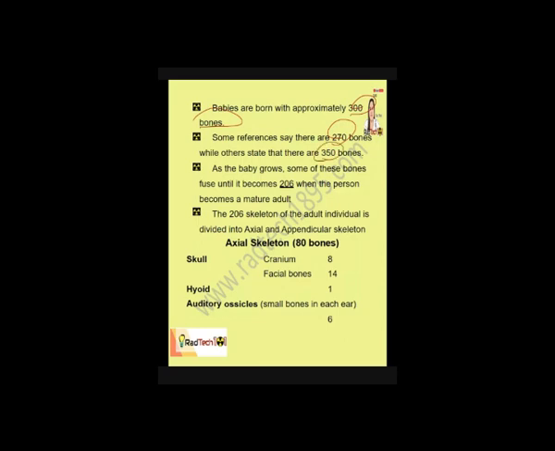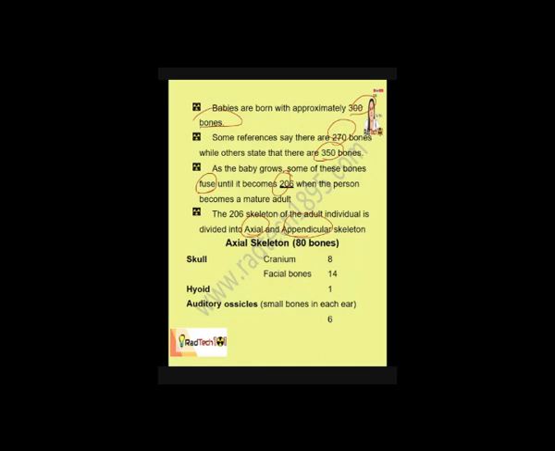Hindi fixed, kaya more or less 300. But as the baby grows, some of these bones fuse or combine until it becomes fixed. So, ang adult has 206 bones. The 206 bones of the adult individual are divided into axial and appendicular skeleton.